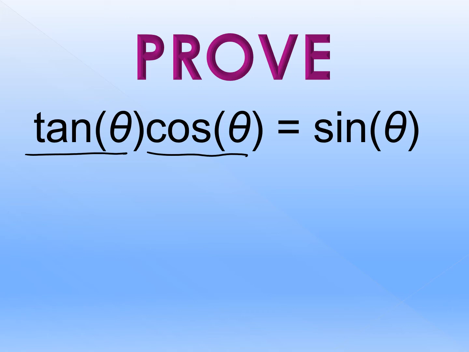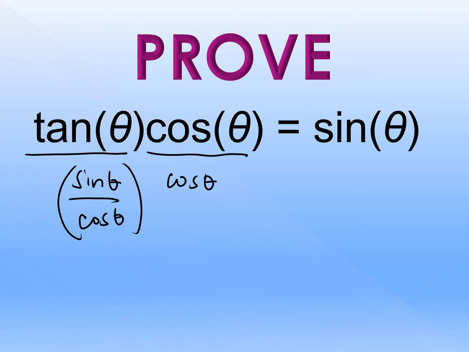Using the quotient identity, tangent theta is equal to sine theta over cos theta. So instead of writing tangent theta, we're going to write sine theta over cosine theta, multiplied by cosine theta, and then equals sine theta.